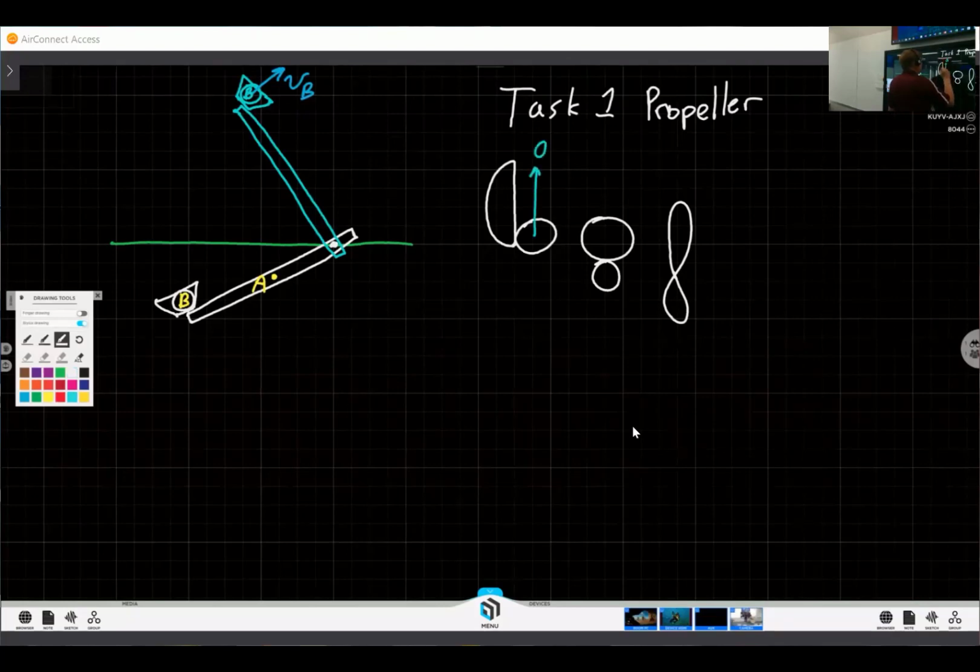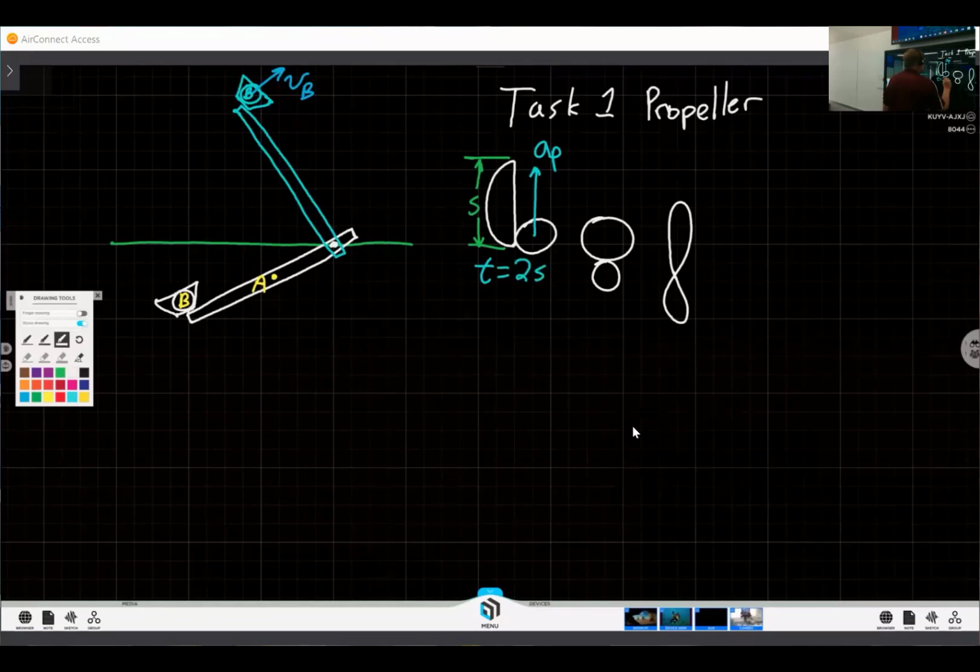You have the AP for the pinion gear. We knew the distance, you knew the length of the rack gear. I think it's 6.35 centimeters, and you know your time is 2 seconds.